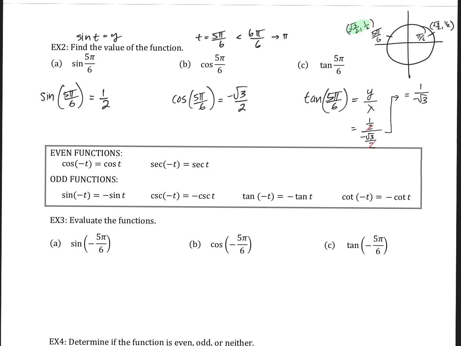We need to rationalize that. Multiplying by root 3 to rationalize, we'll end up with root 3 over negative 3. And you can move the negative up to the top with that 3. And then that's what we'll have for tangent of 5 pi over 6. So once again, remember, you always need to rationalize. We cannot leave that radical in the denominator. If you don't need to rationalize, the directions will tell you. Other than that, assume you need to rationalize.